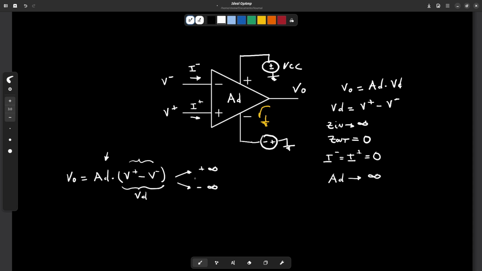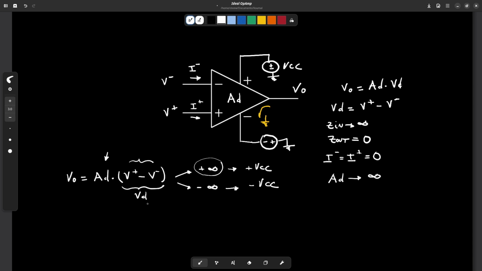Okay, so there are limits. You cannot get this value at the output. The maximum value you can get at the output, the maximum positive value, is plus VCC, which is the positive bias source, and the lowest value that we can have at the output of the amplifier is minus VCC.